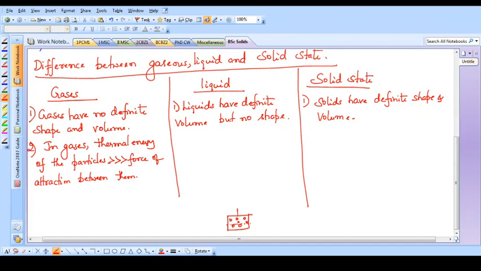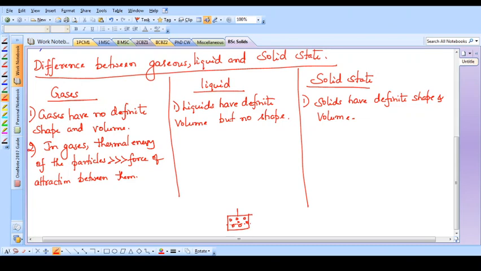The oxygen, the carbon dioxide that you exhale will not remain near your body forever. That can easily escape into the atmosphere and it can be found anywhere. Because the force of attraction between the molecules is very less, and because they have very high kinetic energy, they can immediately change their position in space.